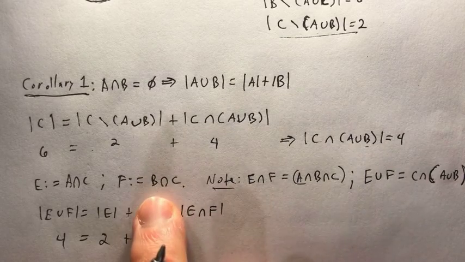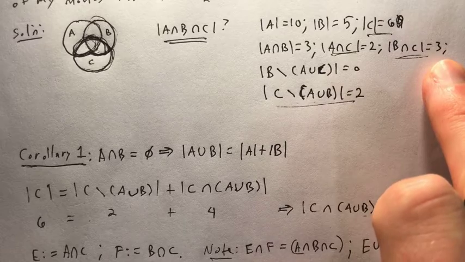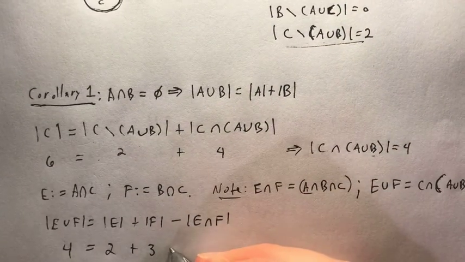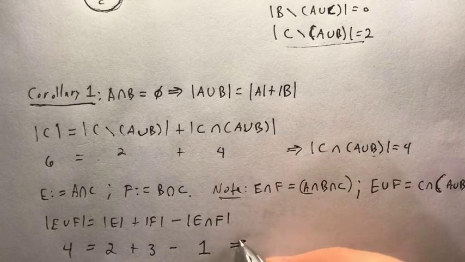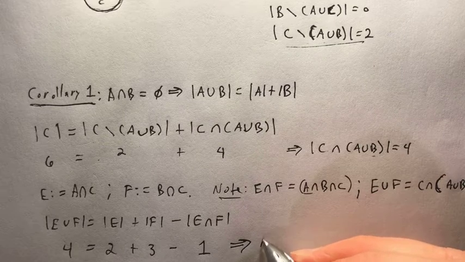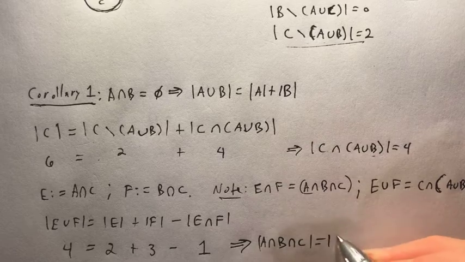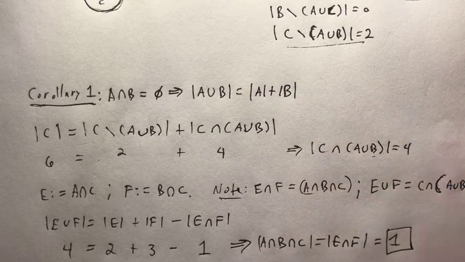And the size of F is the size of B intersect C. B intersect C is up here, it's 3. So 4 equals 2 plus 3 minus the thing that I wanted. Ding, ding, ding. So this tells us that the size of A intersect B intersect C, which is of course the size of E intersect F, equals 1, and we are done.